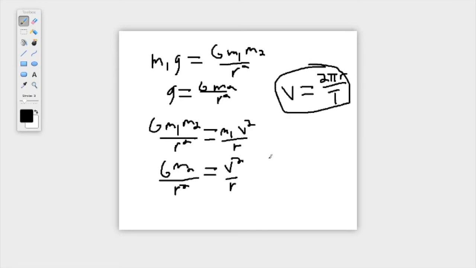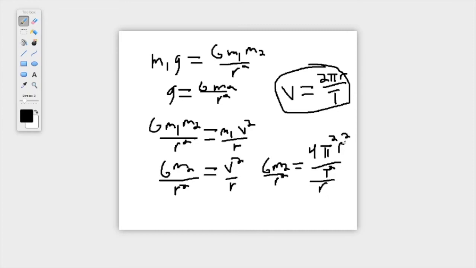So G m2 over r squared equals 4 pi squared r squared over T squared over r.